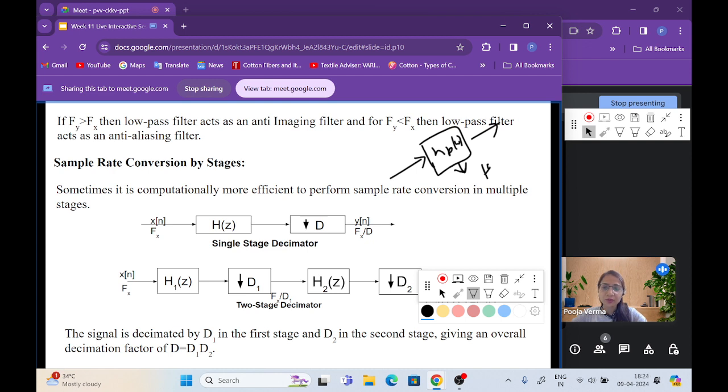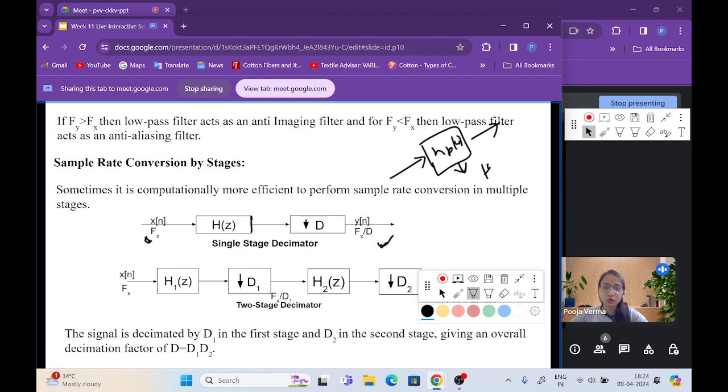Sometimes it becomes computationally more efficient to perform sample rate conversion in multiple stages. A single stage decimator system is represented by this block diagram, where x of n is the input sequence, f of x is the input sampling frequency, and it is given to the system function H of z, then decimated by a factor D, and the output we get is f of x by D.